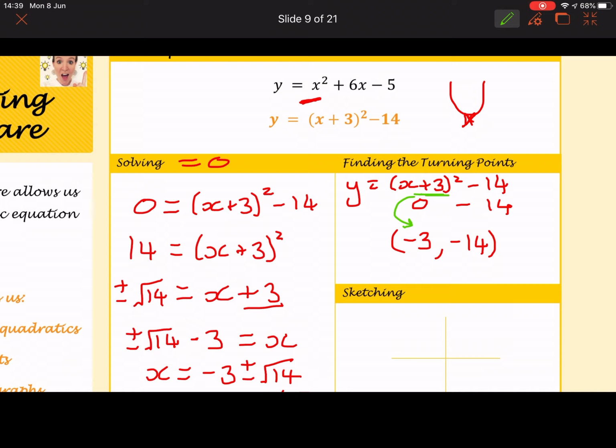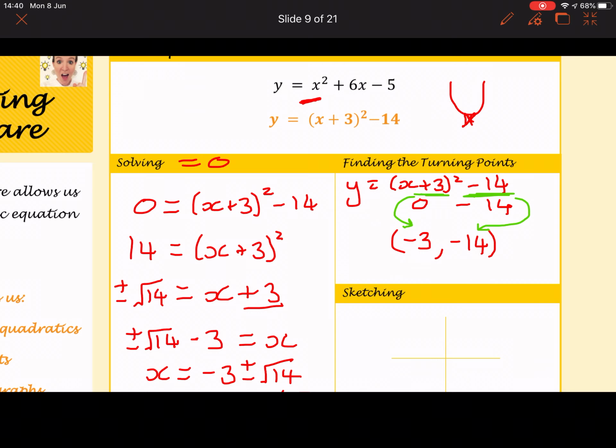So it's just the same. Flip the sign in the bracket to get the x value. Now the y value is just this last term, not flipped. So we keep that as minus 14. So a way to remember, straight from the completing the square form: if it's in the bracket, flip the sign. If it's out of the bracket, keep the sign. So we get minus 3, minus 14 as a turning point.